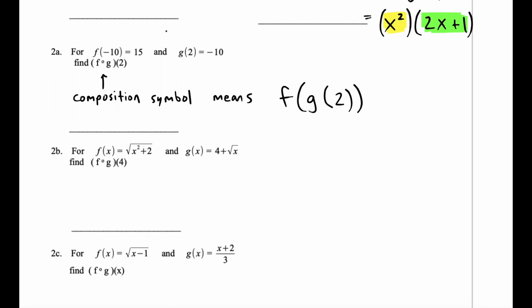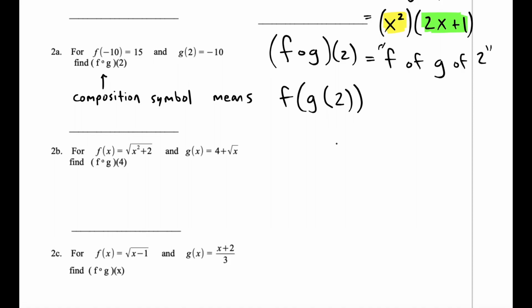So you could read that as, when you see f circle g of 2, what that means is f of g of 2. And it's a composition, so you're going to find the result for g of 2 and then let that be the input of the function f.